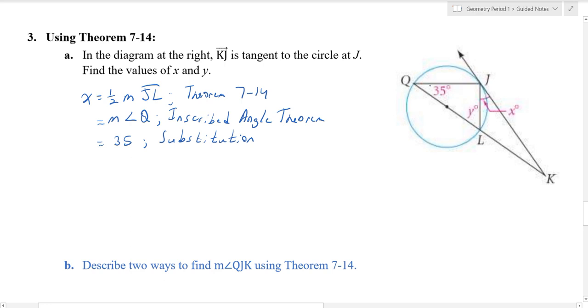All right, to get y, using Theorem 7.14, y equals 1/2 the measurement of arc QJ. And that is by Theorem 7.14.